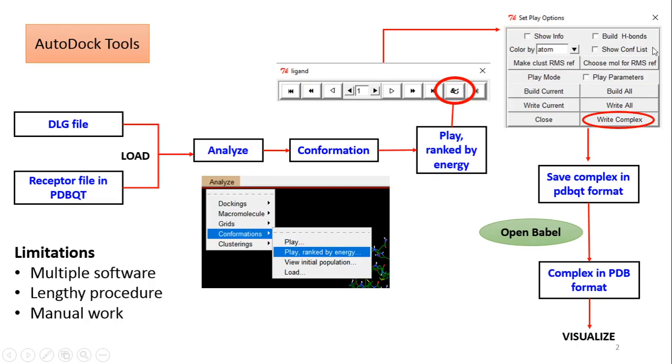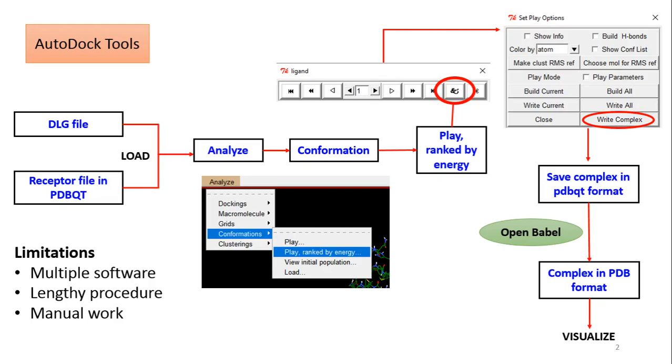So this is what will show up when you use this Play, ranked by energy button. Another dialog box will open, and in this dialog box, using this Write Complex button, you usually save the complex in PDBQT format. But most of the software requires your protein ligand complex to be present in PDB format rather than PDBQT format.